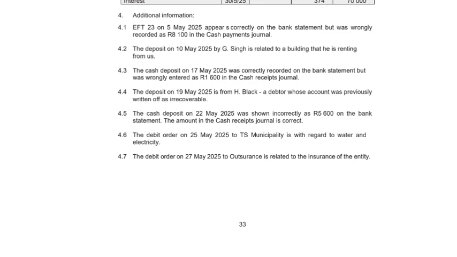And the last additional information, 4.7, the debit order on the 27th of May to OUTsurance is related to the insurance of the entity. So now when you go to your answer sheet, we are going to take this additional information and step by step I will explain exactly how we're going to rectify from additional information 4.1 to 4.7.